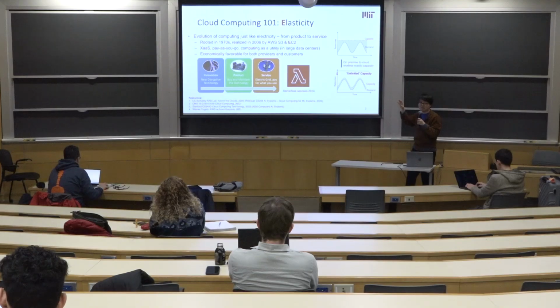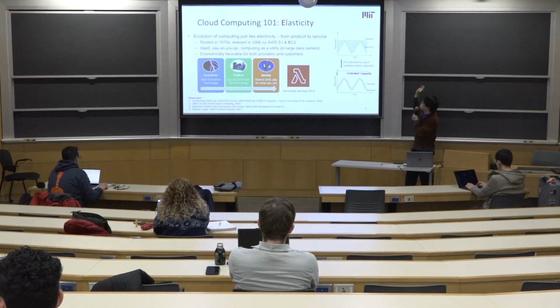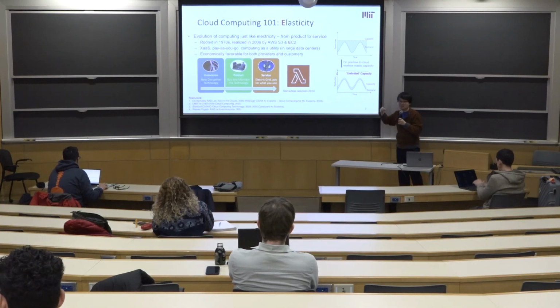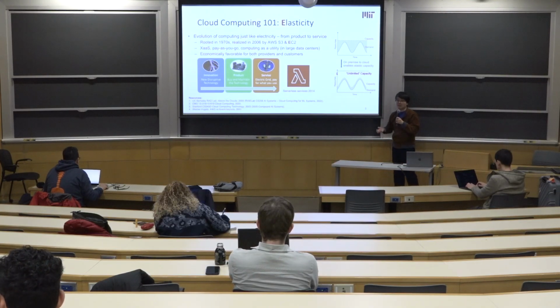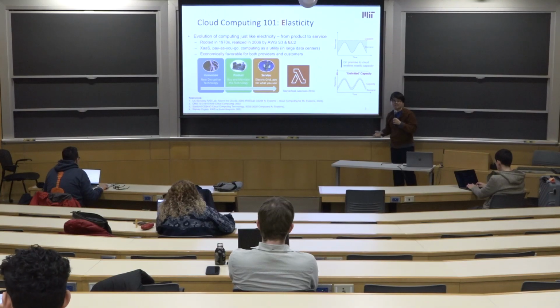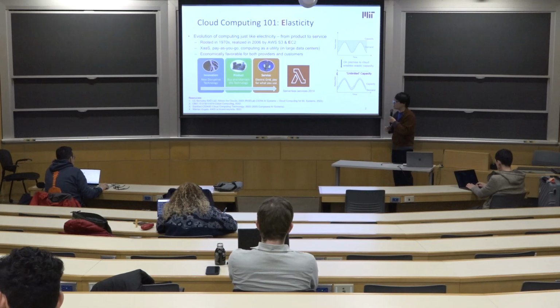You have to estimate the peak demand of your company or the services you want to host, and then purchase the right amount of equipment and maintain it so that all the demand will be satisfied over time. But then people realized there is an issue: those IT equipments are so expensive and very difficult to maintain when you scale up to, for example, thousands or even millions of servers.